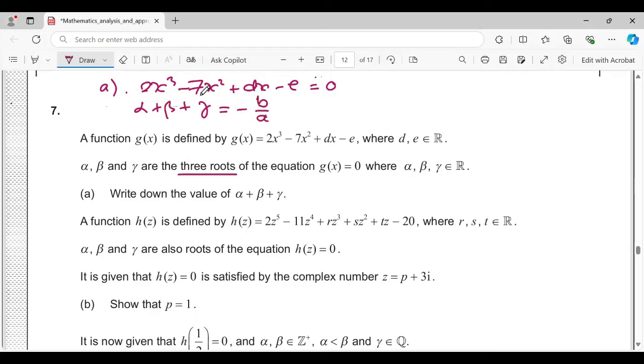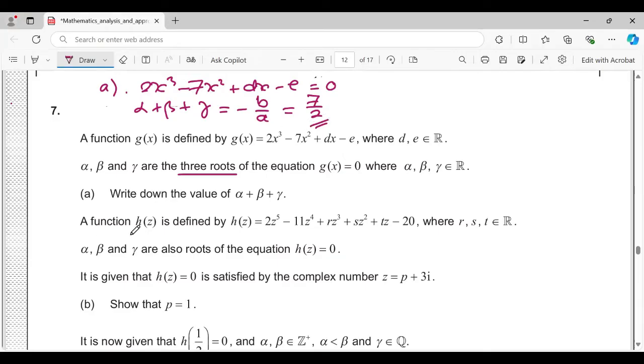Here a equals 2, b equals minus 7, c equals d, and d equals e. So it is minus of minus 7 over 2, which is 7 over 2. So alpha plus beta plus gamma equals 7 over 2.